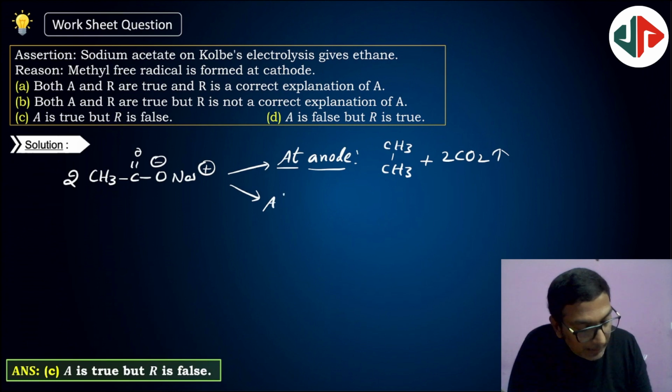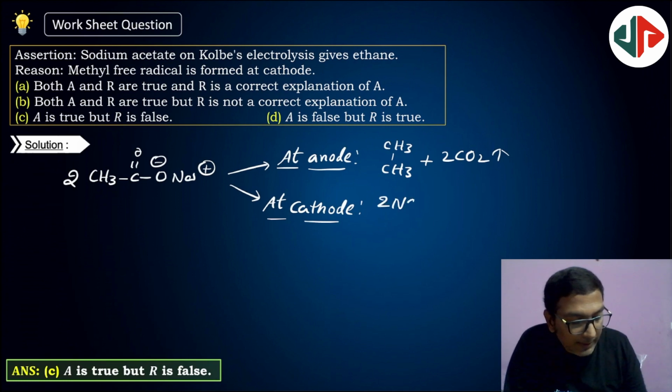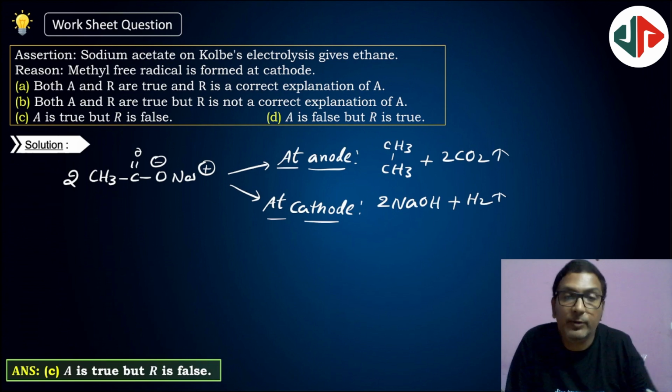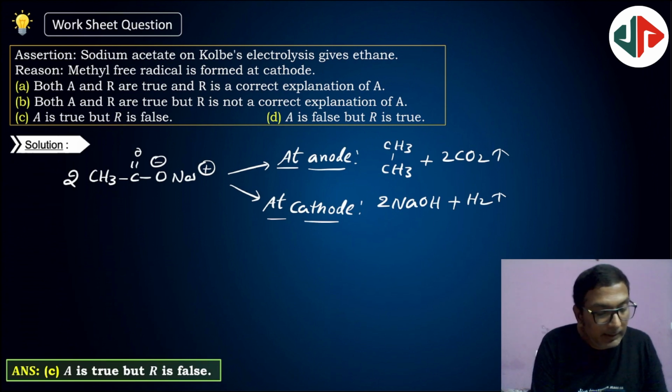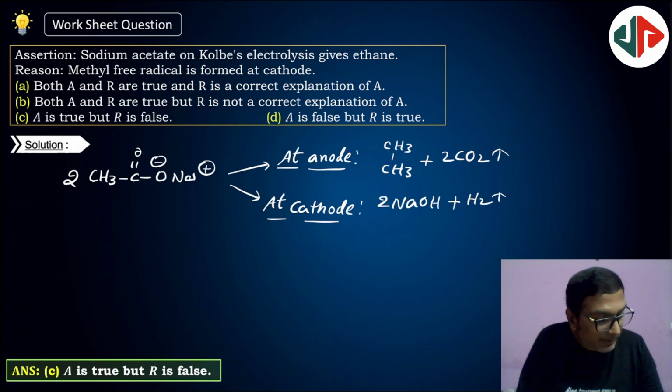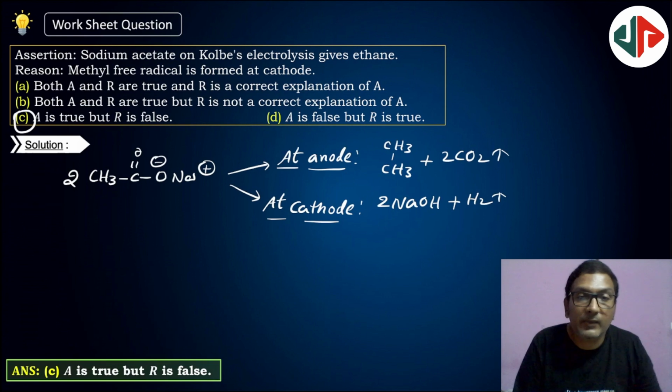At the cathode, 2 moles of NaOH plus H2 will be formed. The free radical is formed at the anode, but here the cathode is given. So A is true, R is false. Option C. The methyl radical is formed at the anode.